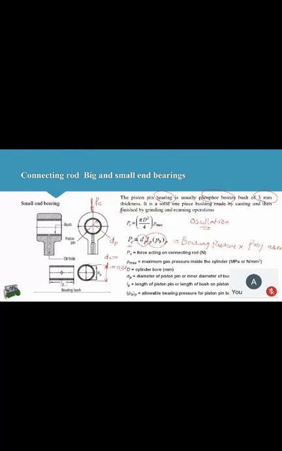When you project this on a vertical plane, you get the projected area as dp into lp. So the projected area dp into lp multiplied by the bearing pressure acting on the pin gives you this force.